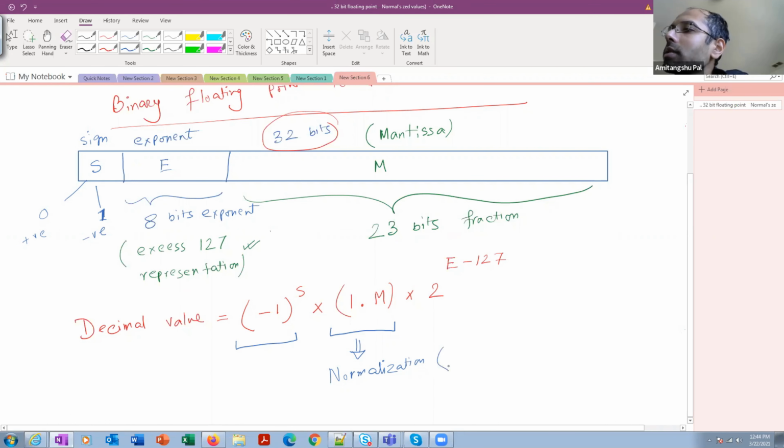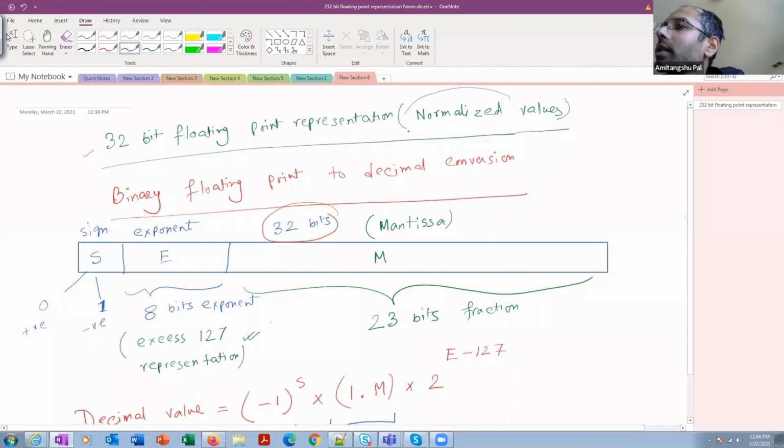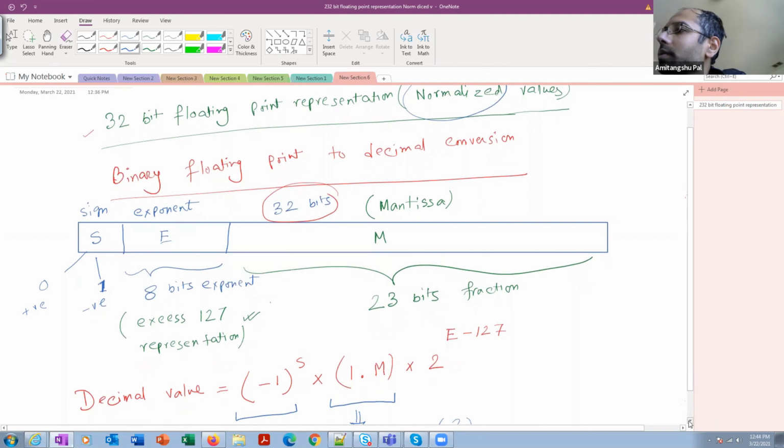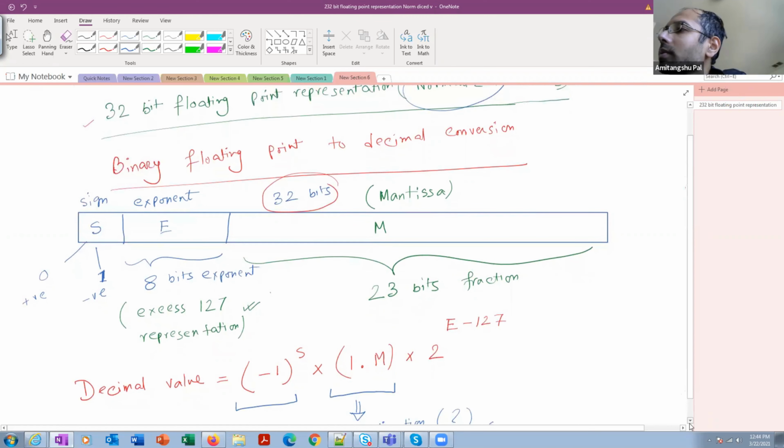Why I am using this normalization, the reason I am going to explain in a minute. For the time being, just use the convention. Because of this normalization only, we say that this is the floating point representation in normalized mode. So this is basically the place where we are using the concept of normalization.